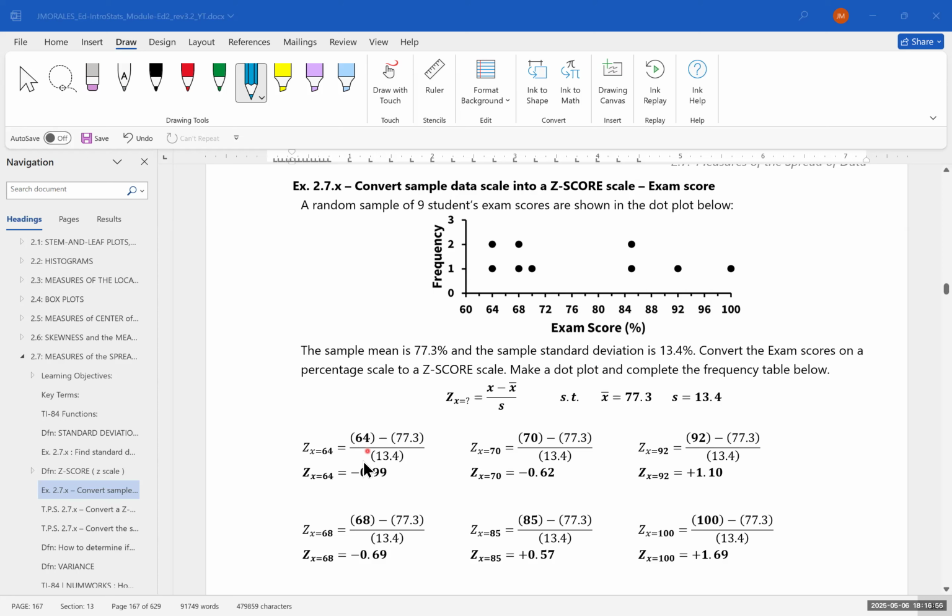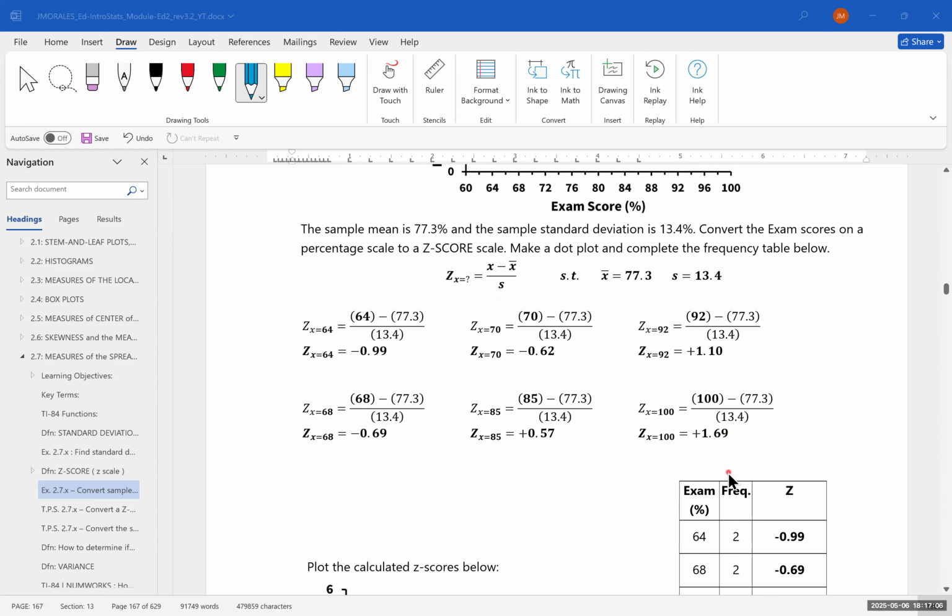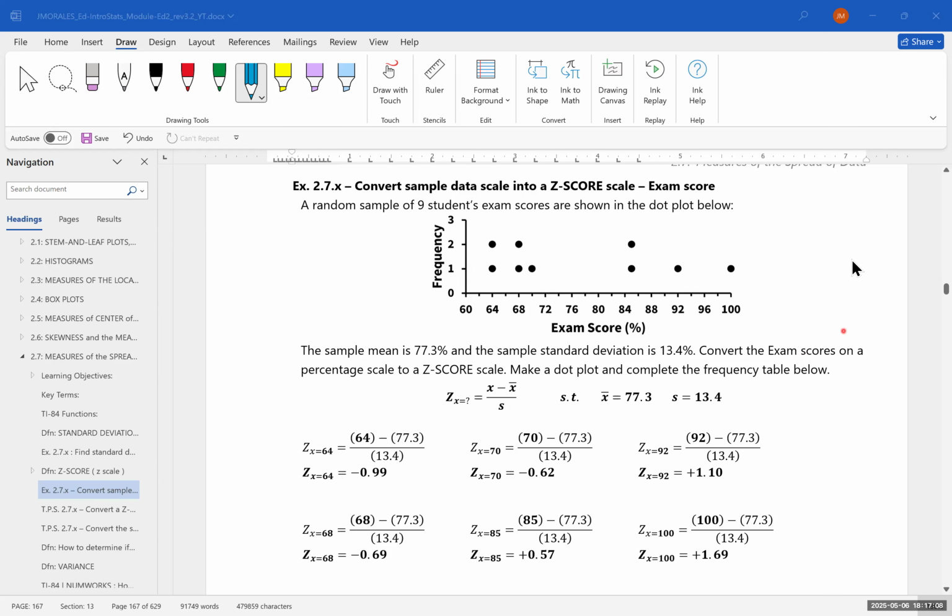Now, what I'm showing here down below is just to show you a little bit more about how the equation works, and how you would do it manually. So what you need to do is, in turn, take one of the unique datums in our exam score percent here. So one would be 64.